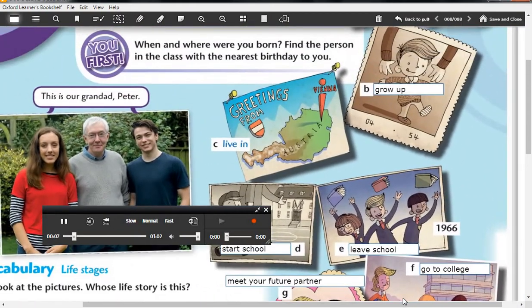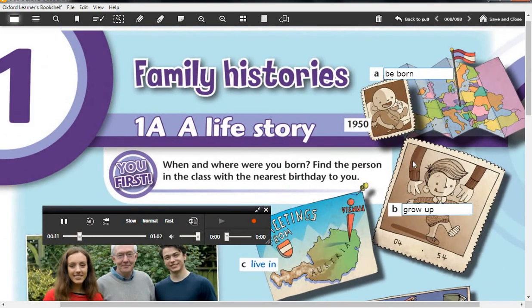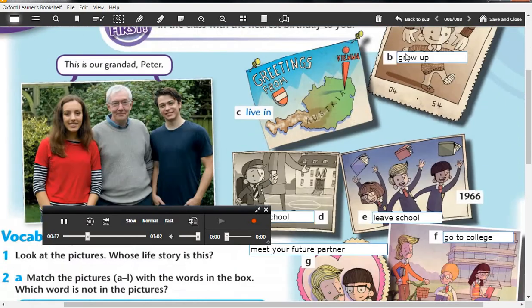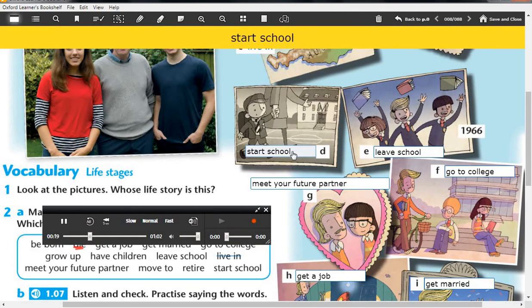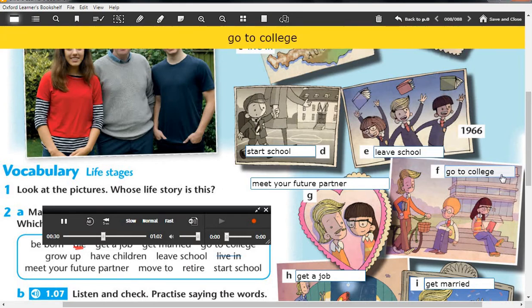A. Be born. B. Grow up. C. Live in. D. Start school. E. Leave school. F. Go to college.